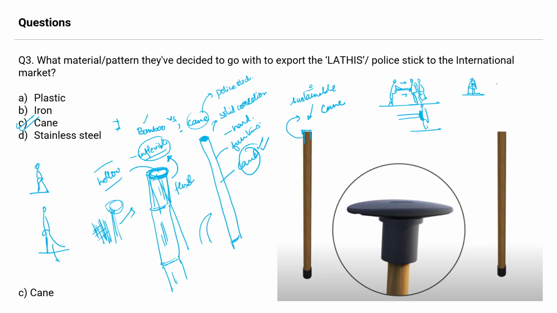I'm sorry for the sketch, but they can rest their chin over here while sitting. It came out as a surprise element when they took the feedback from the people. They hadn't anticipated it, but it is an interesting posture wherein people can make use of it.